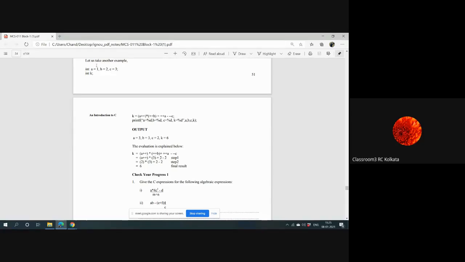The last value is not 1, the last value is 2, so it will be 2, because plus plus we know that it need to be 3, but actually we incremented 2 plus 1, 3, but we are setting 2 because it is the rule of the postfix operator, but already a is incremented to 3. The new value of a will be 3, new value of b will be 3, new value of c will be 2, and new value of k will be 6.